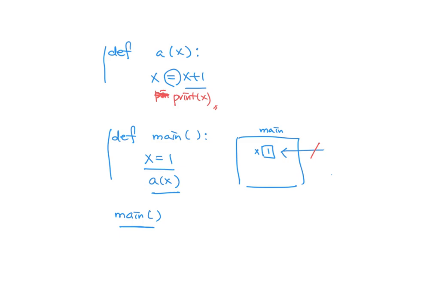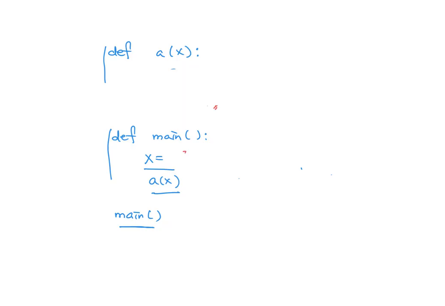Now, what if I have, instead of 1, a list of 1 and 2, and then say x is x append, say 3, and then I print x here?